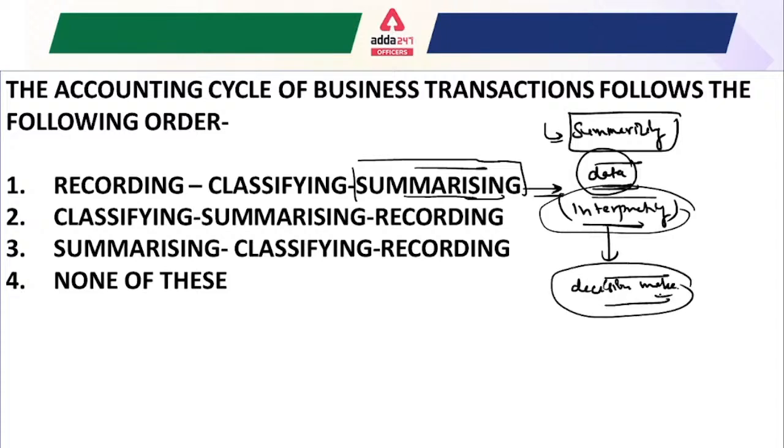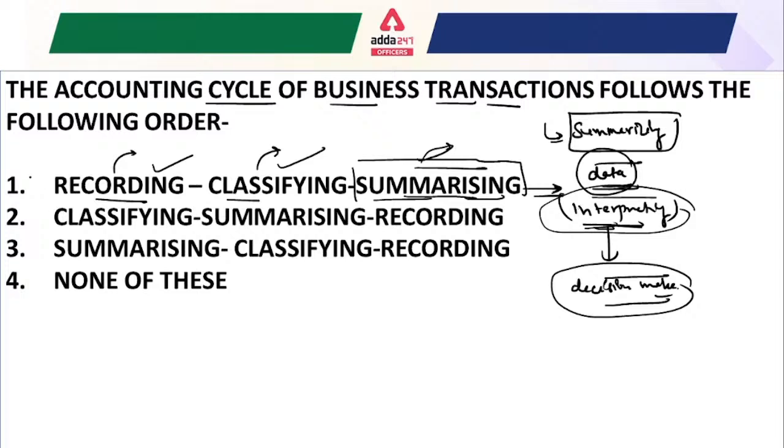This is the basic accounting cycle of business transactions, and you should know why we record, why we classify, and summarize, and whatever the name itself represents is its nature. Whenever we talk about recording, that means recording the financial transaction; classifying, we put all the data under a systematic head; and summarizing, we summarize the data. After that, interpreting is also one of the phases of the accounting cycle of business transactions.